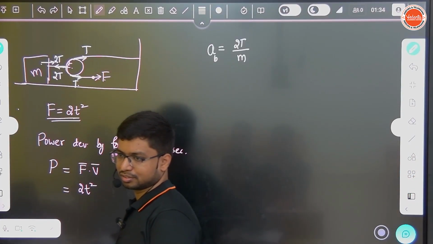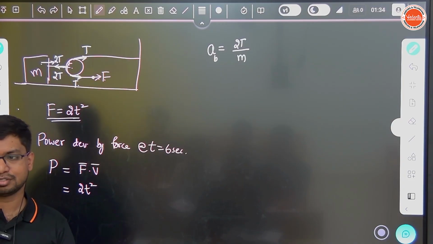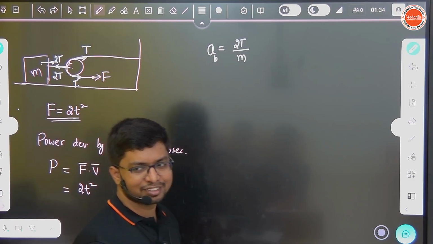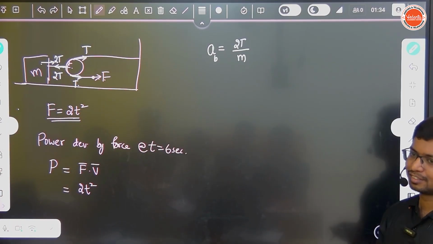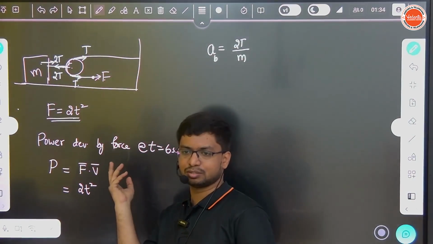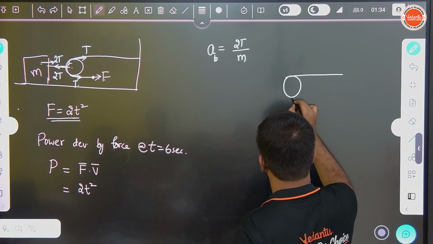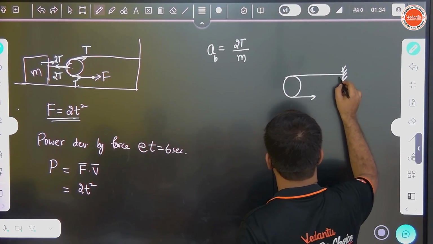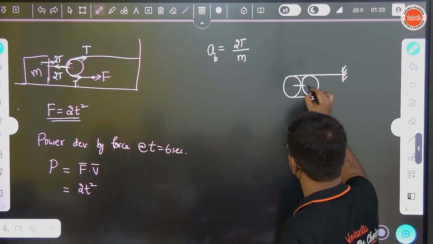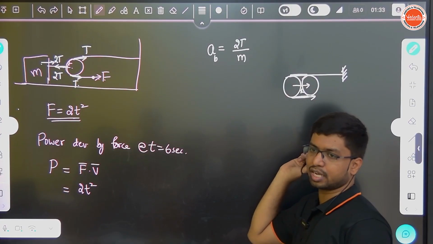Newton's laws of motion is done. You are still saying a by 2 here. Okay, if it is not a by 2, 2a. 2a is the correct answer, but were you able to see why it is 2a? Remember, I told you that if the pulley is moving, and one side of the string over here is fixed, if I displace the pulley over here by x amount, x length of the string here and x length of the string here gets slackened, right?